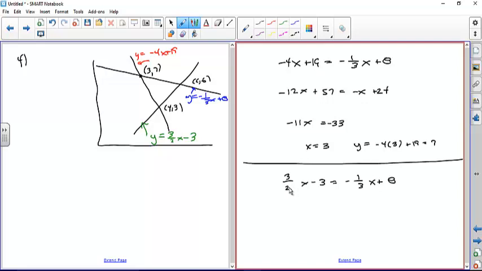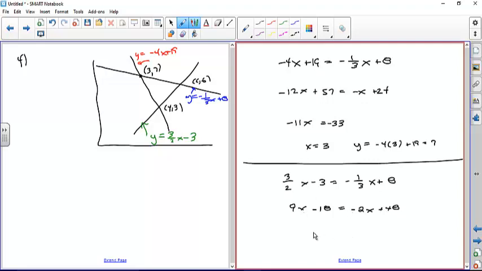No, I'm just going to multiply by 6. So if I do that, 6 divided by 2 is 3. 3 times 3 is 9. This times 6 is 18. This times 6 would be, you'd have 6 divided by 3, which is 2. And 6 times that is 48.